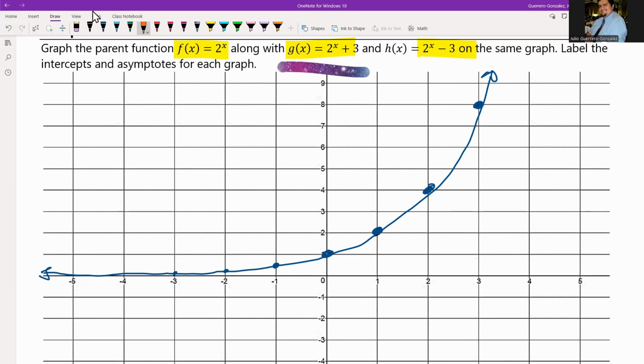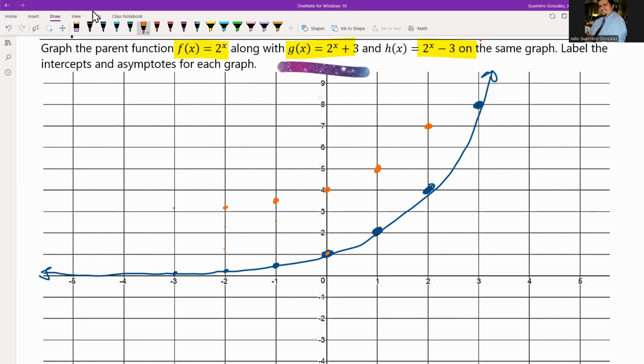I'm going to grab every point. So that one's going to be 1, 2, 3. This one's going to be 1, 2, 3. Same way that we did it before. Keep track of everything.